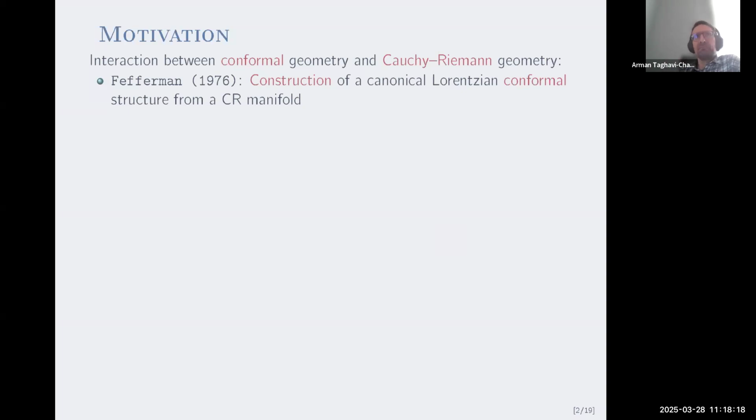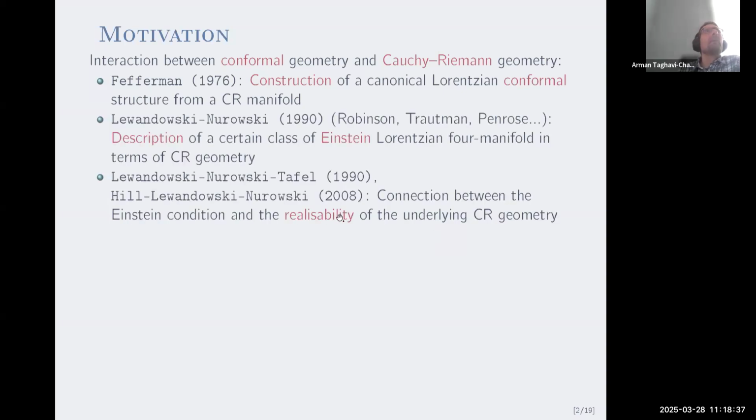This was very canonical and was motivated in part by Fefferman's investigation of the Monge-Ampère equations. On the other hand, there are many contributors to this topic.